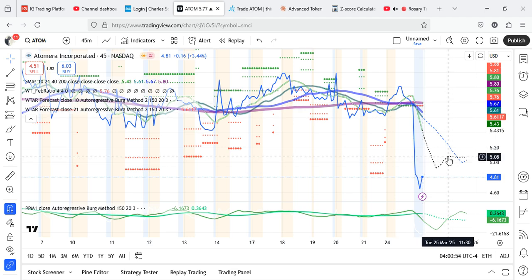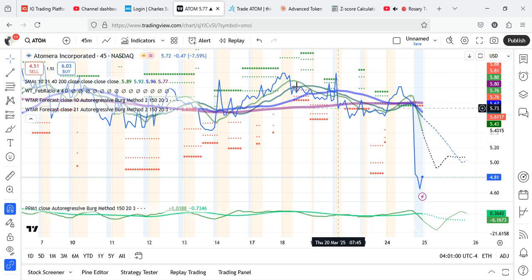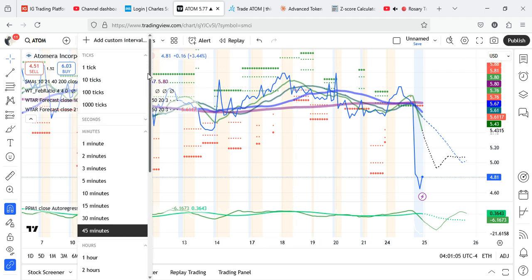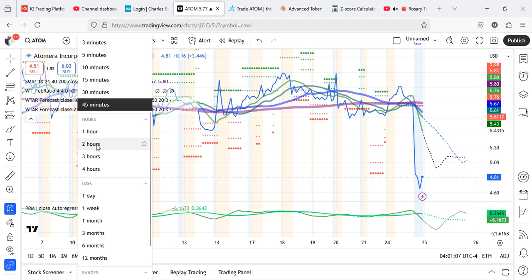Extrapolation, especially for its 10 period moving average, is that strength is going to come back. A rebound is on the cards.